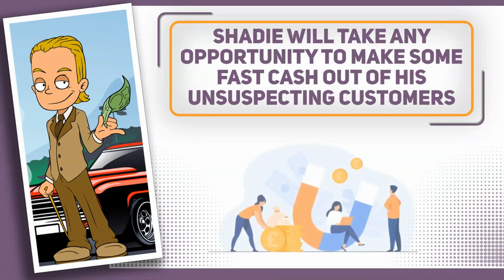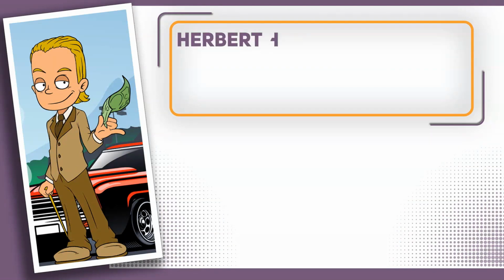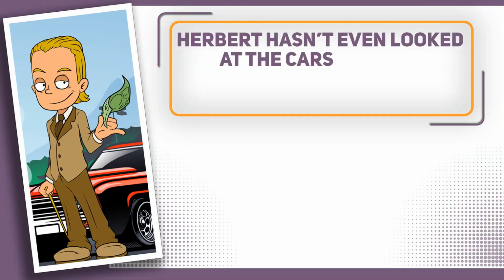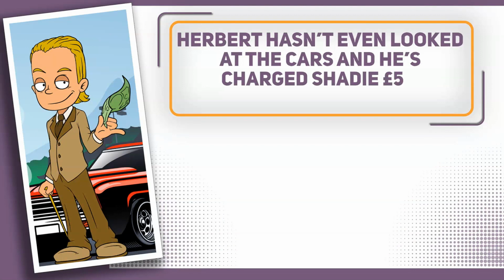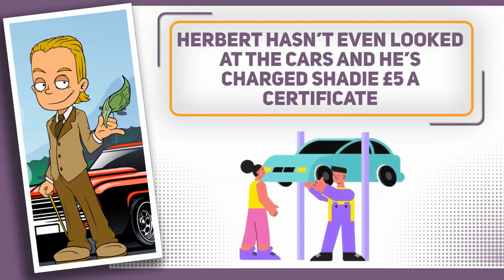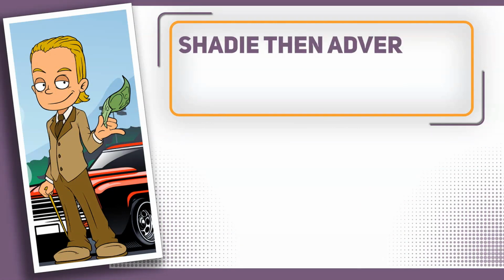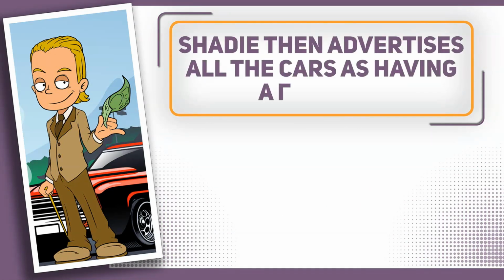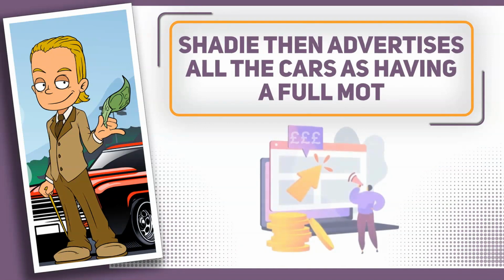To try and keep his costs down, Shady has asked his friend, Honest Herbert, who runs a local garage, to create MOT certificates for all of his used cars. However, Herbert hasn't even looked at the cars, and he's only charged Shady £5 a certificate instead of his usual price of £50.